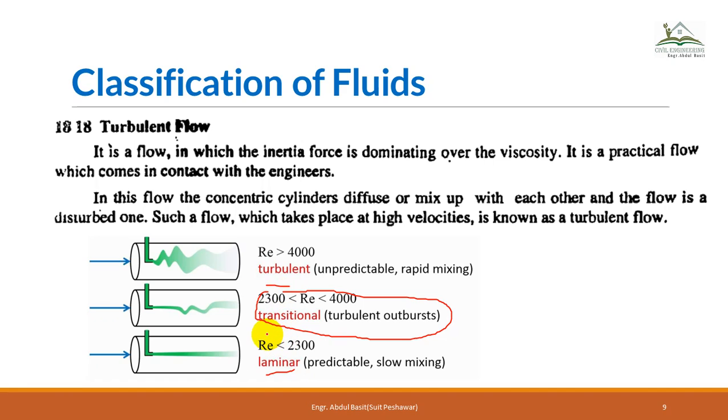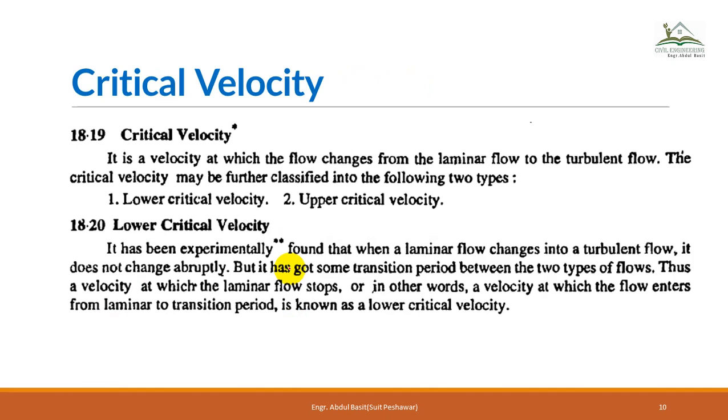Between laminar and transition, this is the point at which the velocity will be the lower critical velocity. And this is the zone between transition and turbulent at which the velocity will be the upper critical velocity. So this was the thing I was trying to mention here.